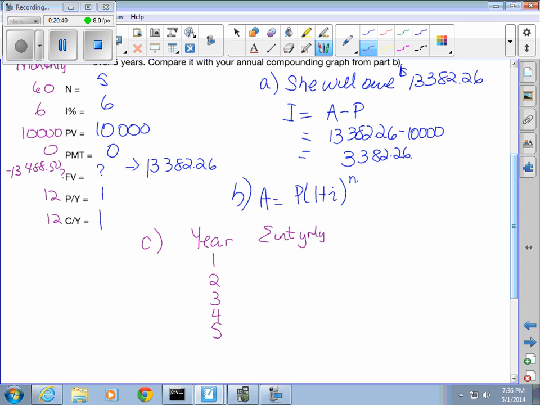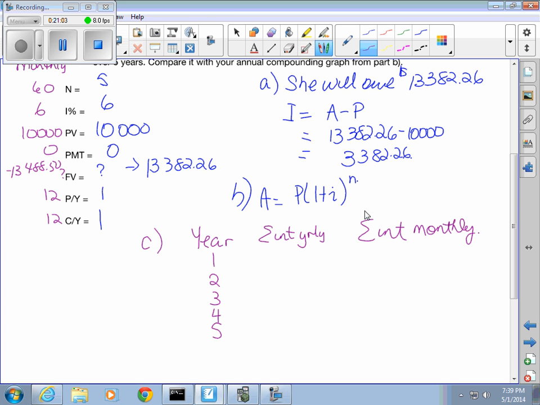Let me pause and bring that up because I have to bring up the whole thing. To calculate this, you could do each one separately, year 1, year 2, year 3, year 4, year 5, or you could use your sum of interest and do the yearly one and then the sum of interest monthly.